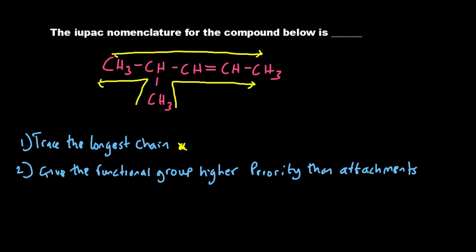So for this question, we'll trace the longest chain, and that is by counting the number of carbon atoms present in each chain. With this one, we have 1, 2, 3, 4, 5. This one we have 1, 2, 3, 4, and 5.